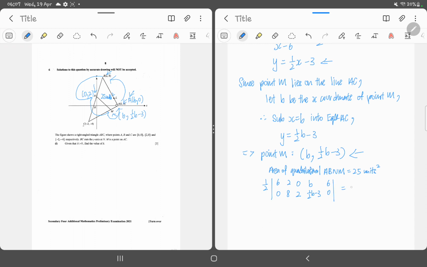So this is the shoelace method to find the area of a quadrilateral.